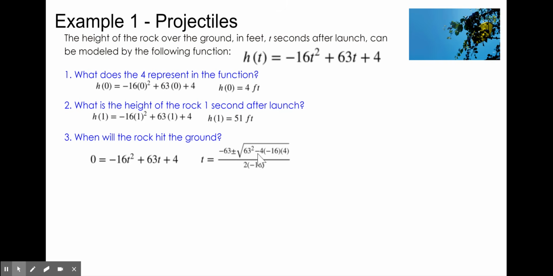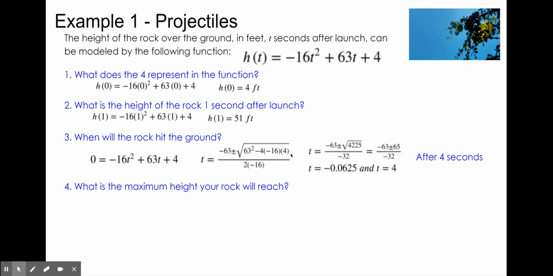I remember that a negative times a negative is a positive. I simplify this, and we get that the rock will hit the ground at either t equals -0.0625 or t equals 4. Negative time is not a viable solution in this scenario, so we know the rock will hit the ground at a time of 4 seconds.